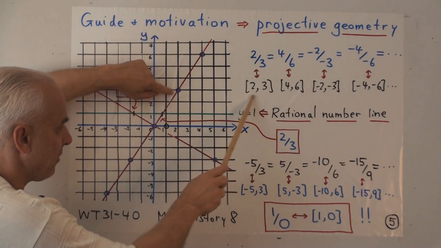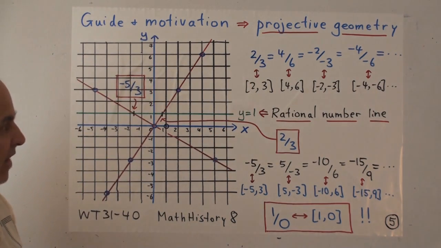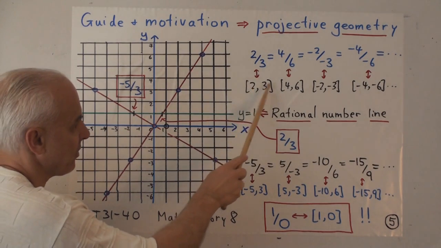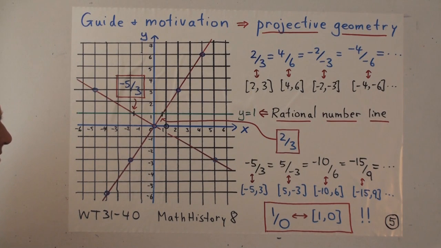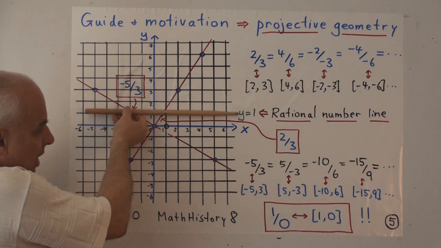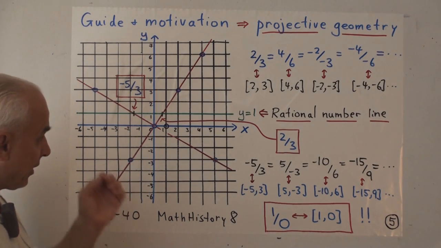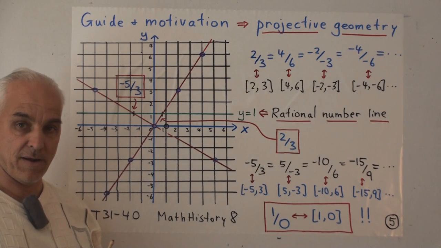These points correspond in an obvious way to those fractions: 2 over 3, 4 over 6, minus 2 over minus 3, and so on. Now, where this line meets the line y equals 1 is where you scale things so that the y-coordinate becomes 1.